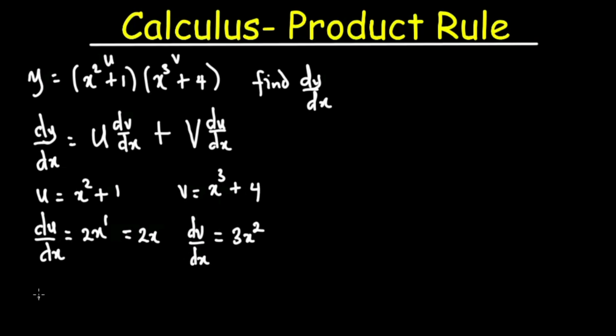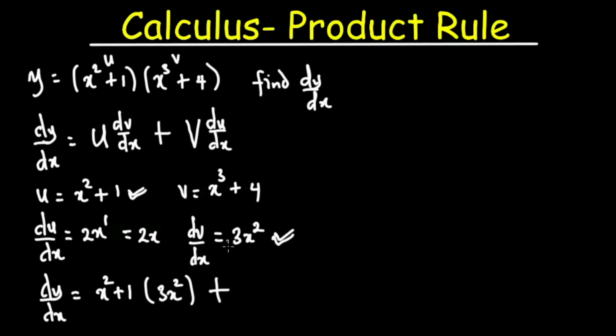So we'll come back here and say that dy/dx is equal to u, this is u right here, x squared plus 1 multiplied by dv/dx, this is dv/dx right here, 3x squared, plus v, x cubed plus 4 multiplied by du/dx, this is du/dx right here, this is v.